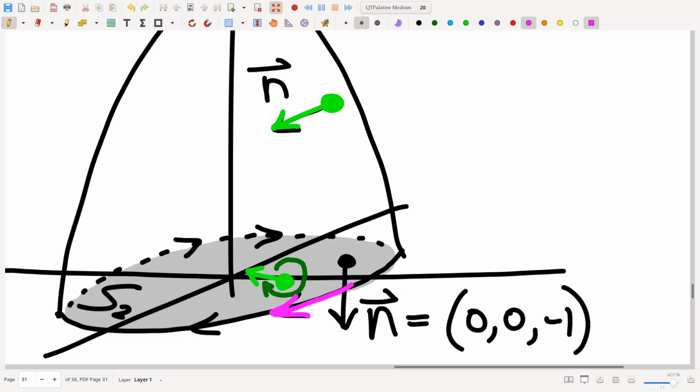Okay. Now here's a fun exercise, something that I encourage everybody to do on your own. Think now instead about a different point, maybe on the back side. Imagine a point in the far away backside of this thing, and then its normal vector is going to be kind of coming at us.